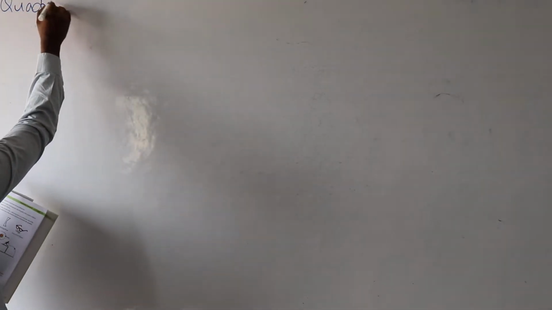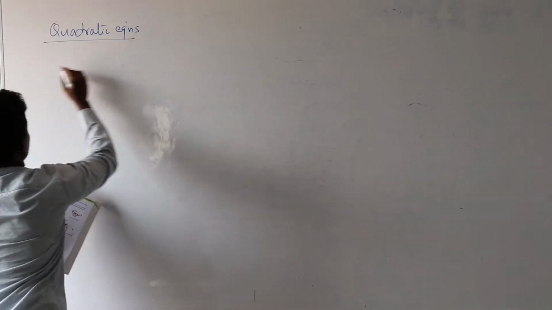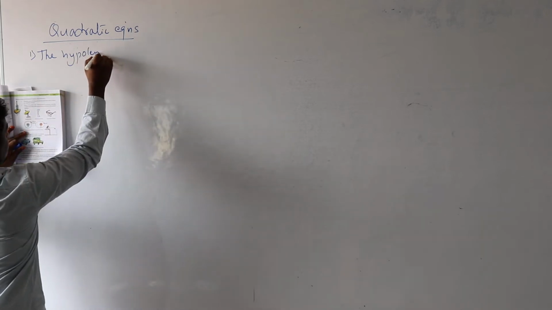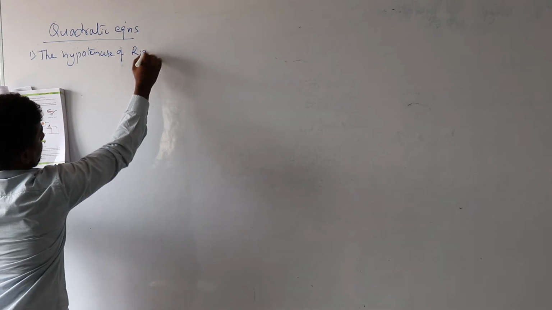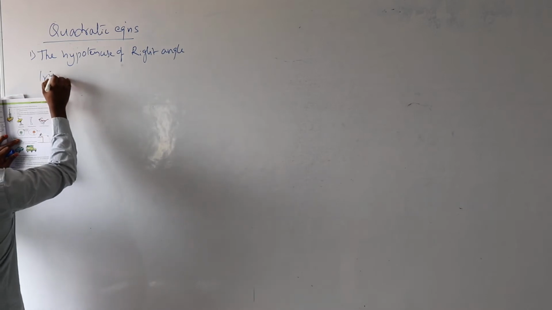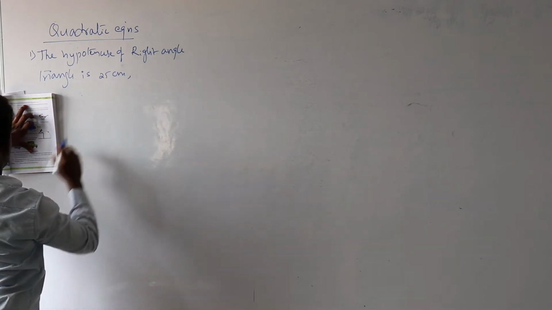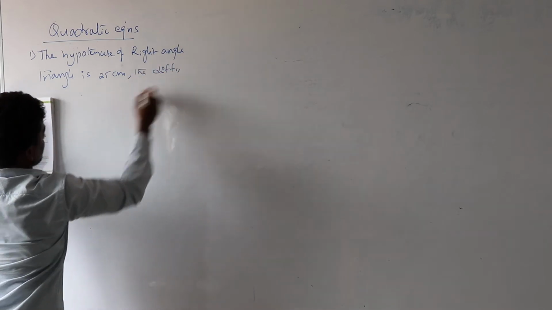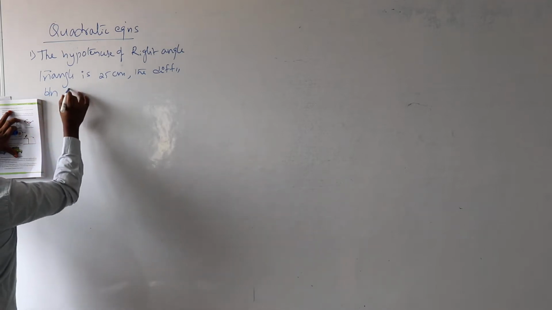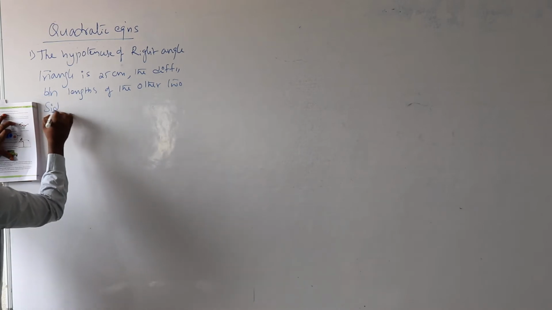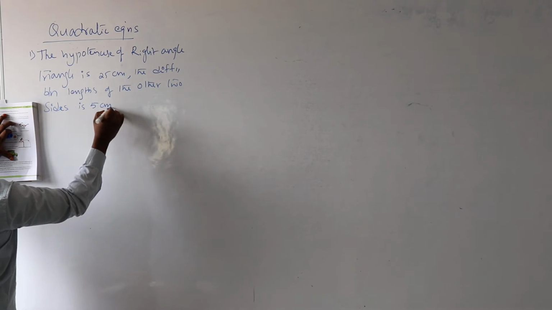The hypotenuse of a right angle triangle is 25 centimeters. The difference between the lengths of the other two sides is 5 centimeters.